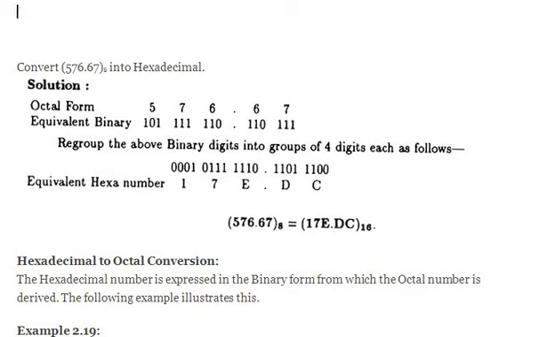So while grouping, the things before dot, you move from right to left. For the things after dot, you just move from left to right.